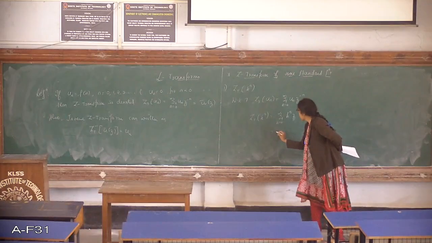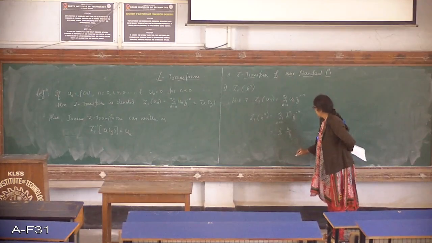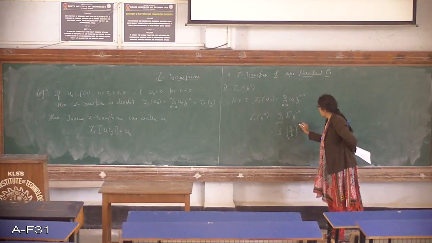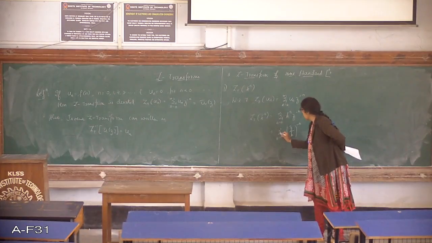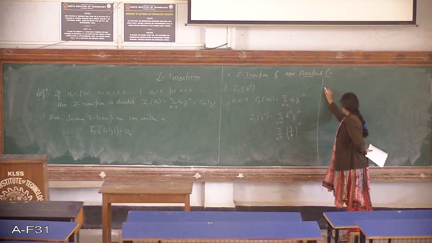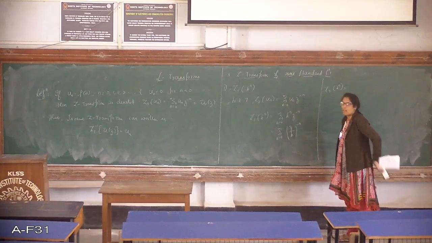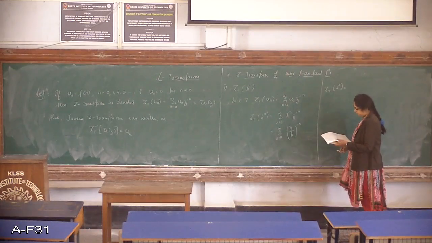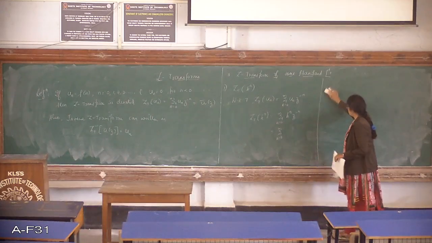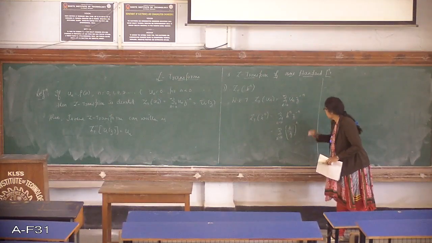And this can be further written as the summation of (k/z) whole raised to n, n taking the value from 0 to infinity. Let me make a change here: I shall have this as (z/k) whole raised to minus n.